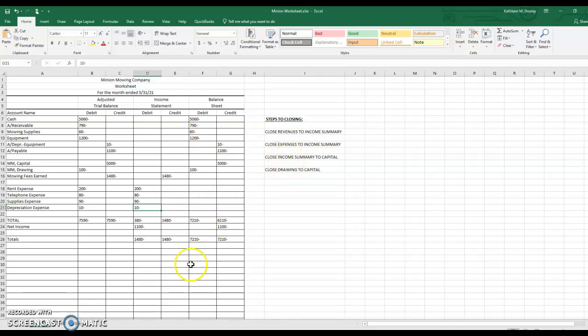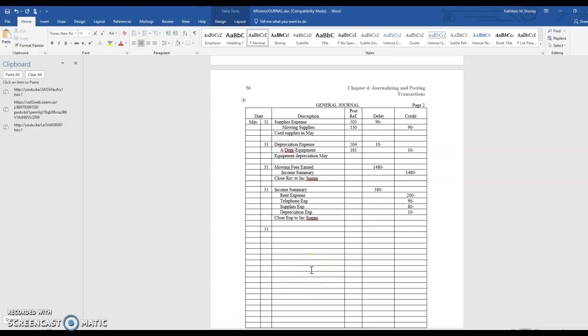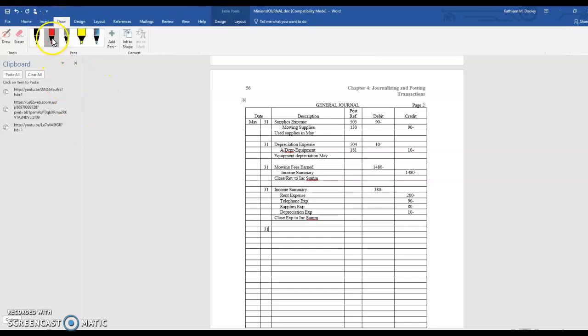Income summary is not anywhere. So how do I know how much the number is? Well, it helps you if you do a little T account. Okay, so I'm going to draw a little T account here.